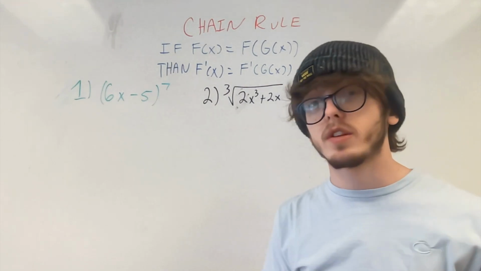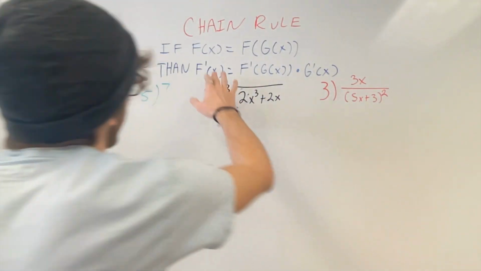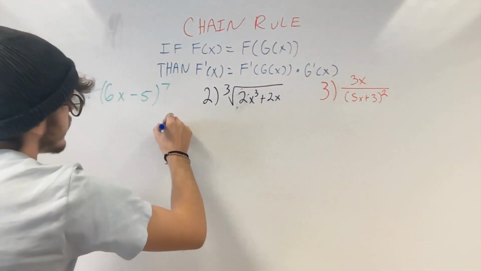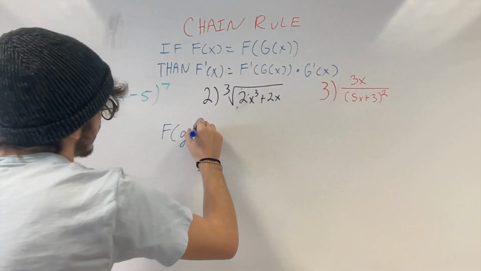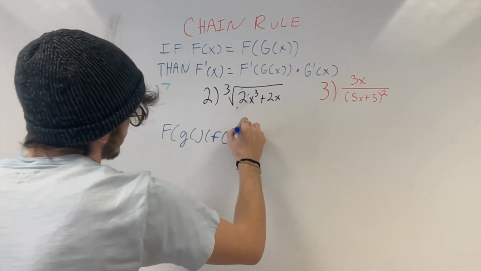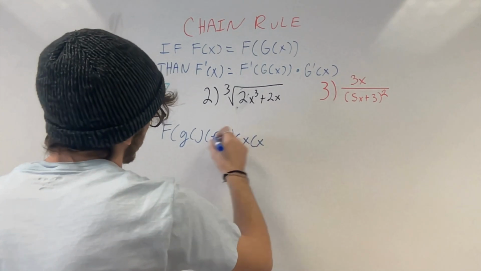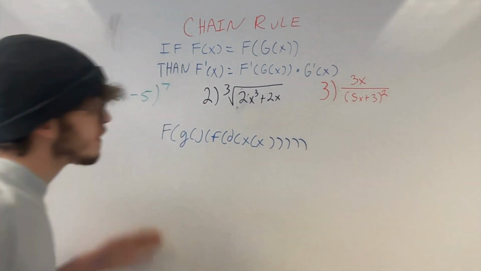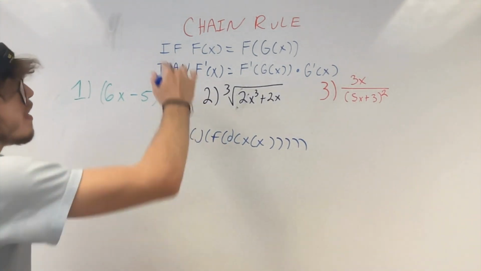Now you're like, why is it called the chain rule? Well, it doesn't just apply to, this can be very deceiving, right? It could be f of g of j of f of d of x, and that would be 1, 2, 3, 4, 5. If we have some extremely long function, we can use the chain rule.